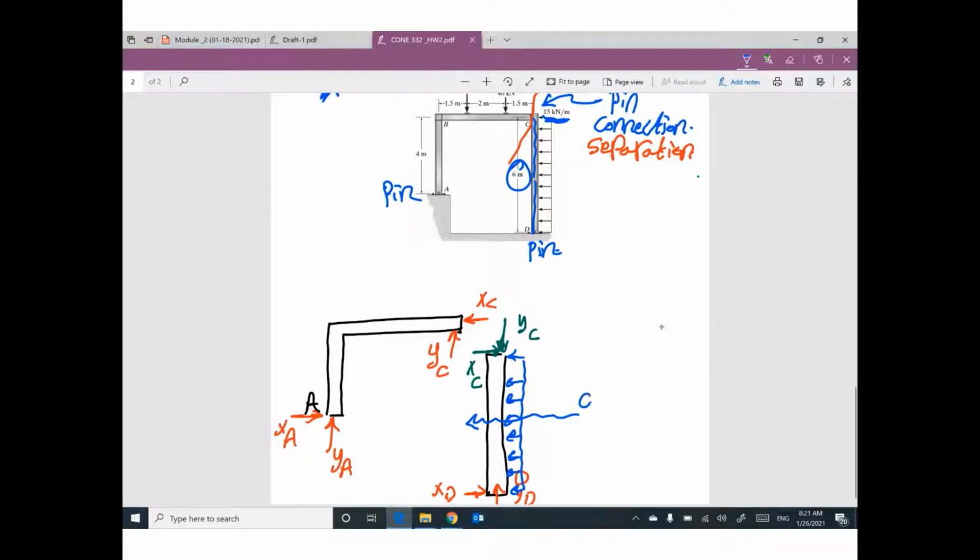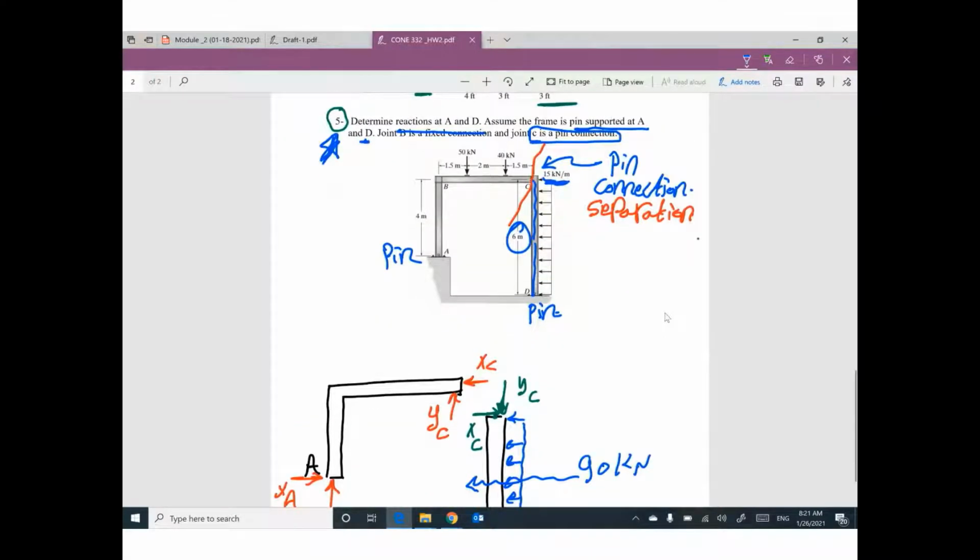So we have 90 kilonewton. And we have two concentrated loads at this location and this location, 50 and 40. That's it. We are done.